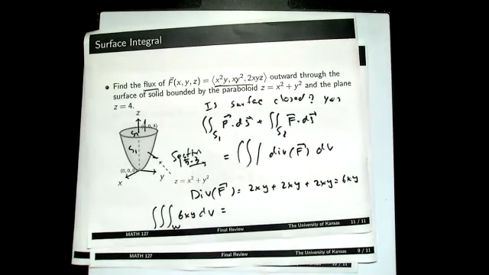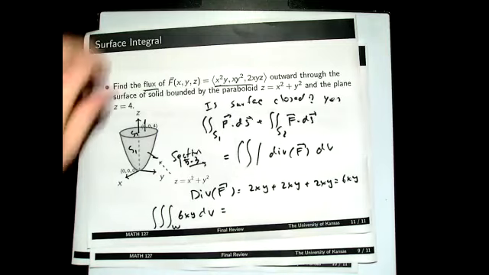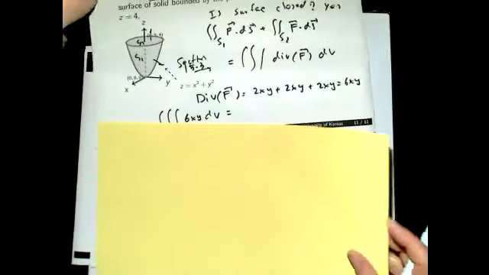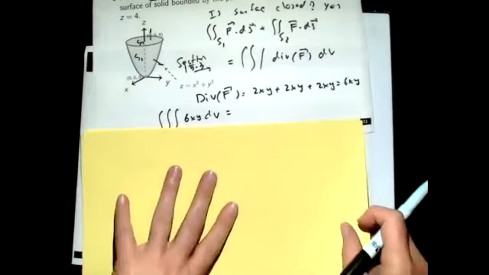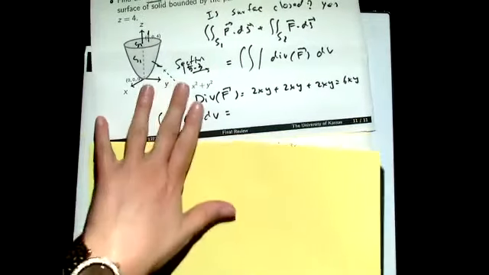Okay, so when you get to the triple integral, let's remember our triple integrals. That's the part that we have to remember. And again, it's still much easier than finding the surface integrals.